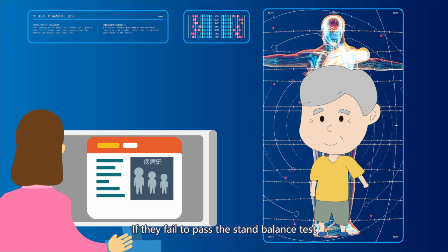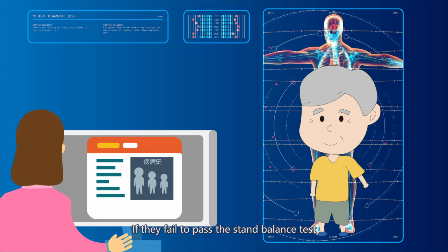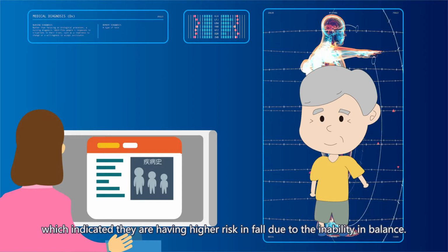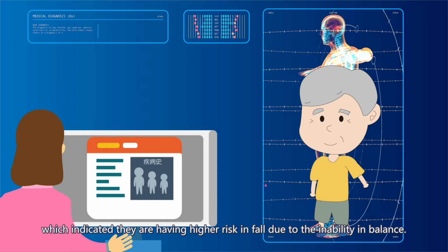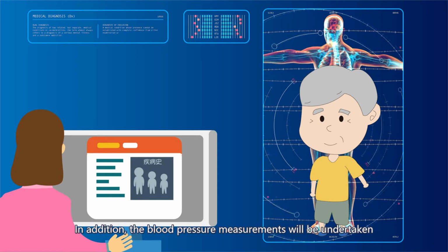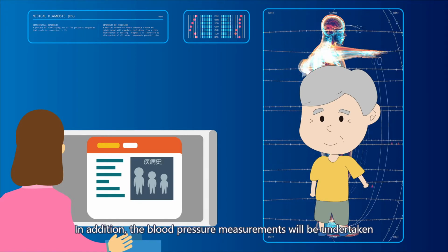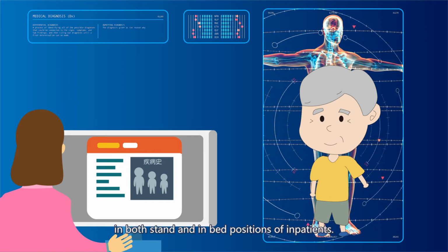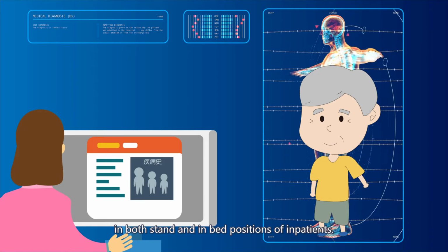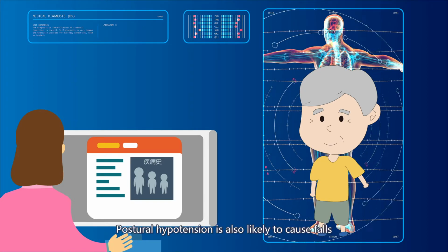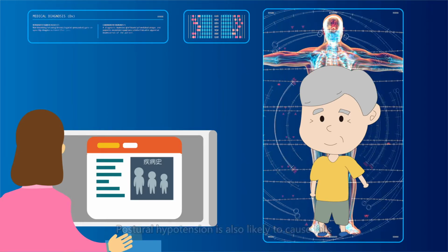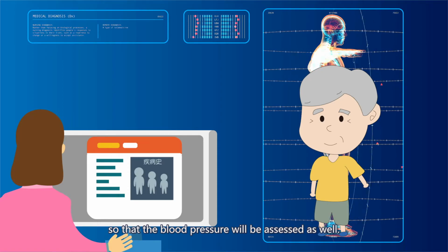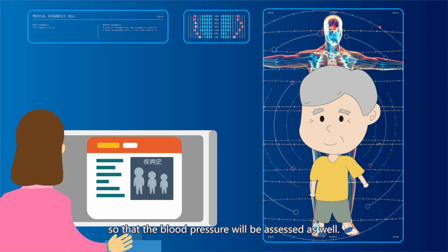If they fail to pass the stand balance test, it indicates they have a higher risk of falling due to the inability in balance. In addition, blood pressure measurement will be undertaken in both standing and in-bed positions of inpatients. Postural hypotension is also likely to cause falls, so the blood pressure will be assessed as well.